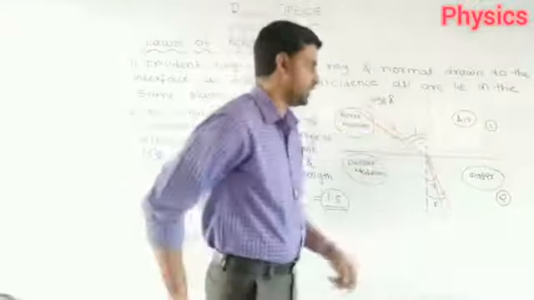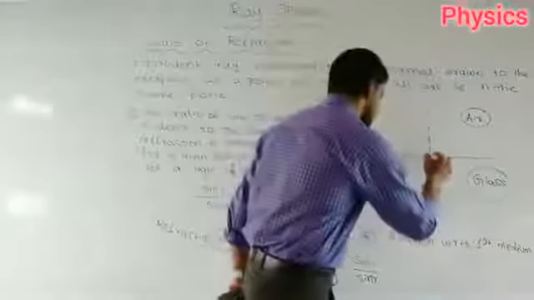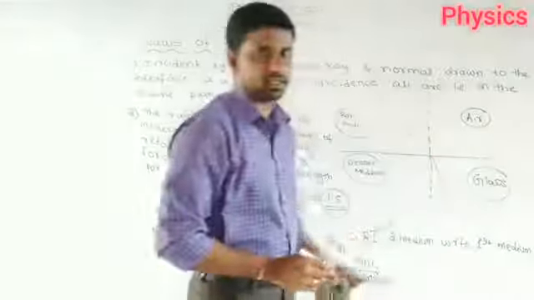This is the normal. Now suppose in the first case, this is the incident ray and this is the refracted ray, like this.